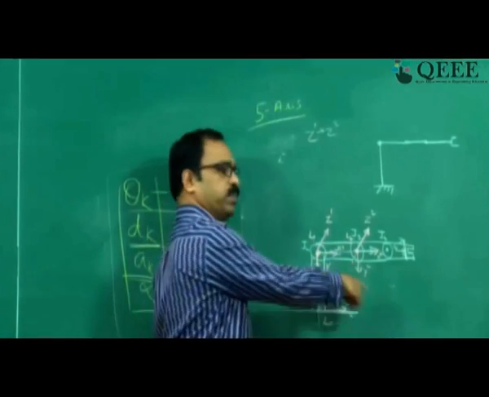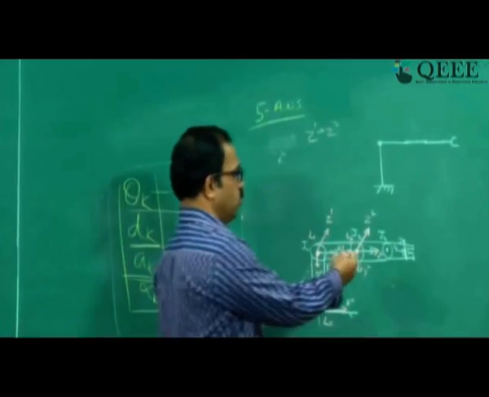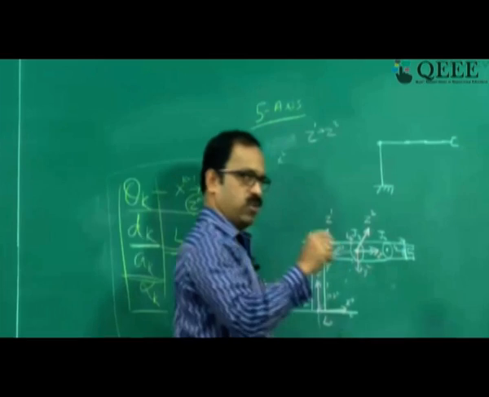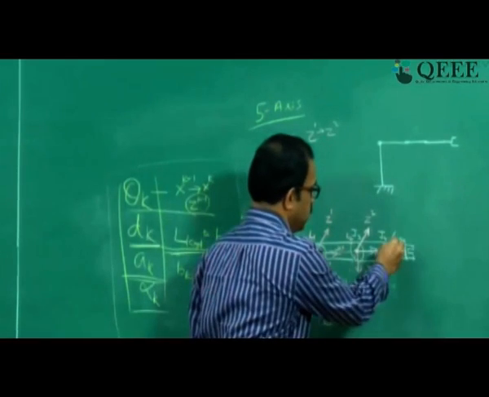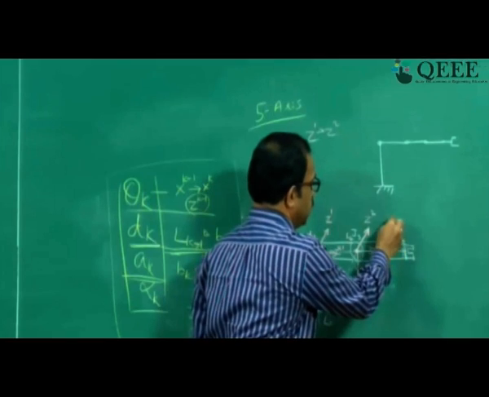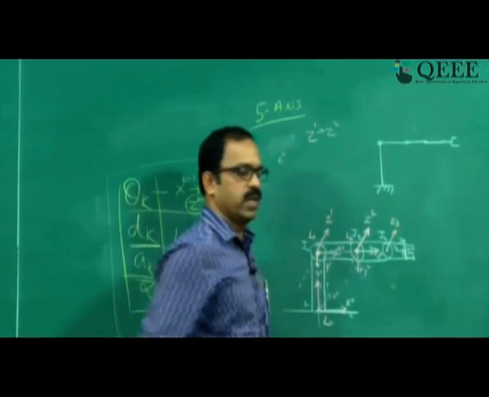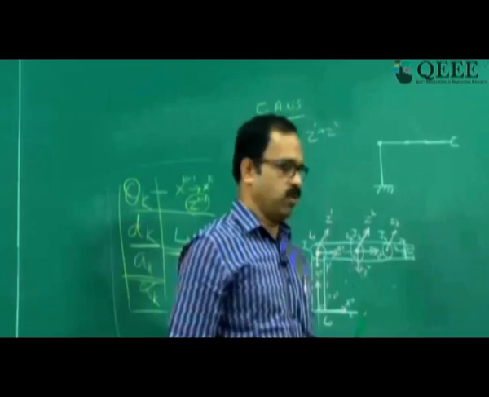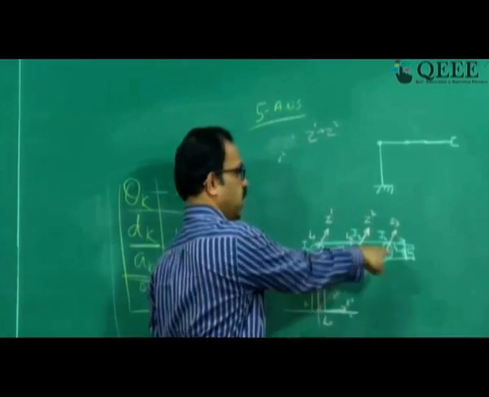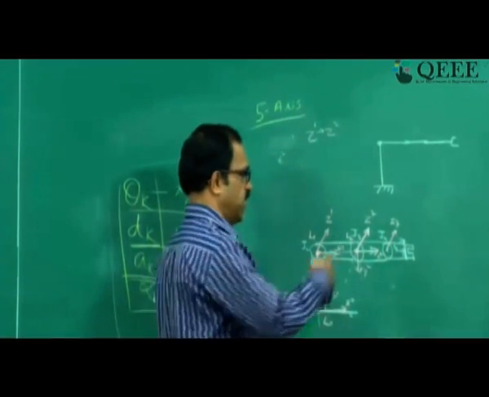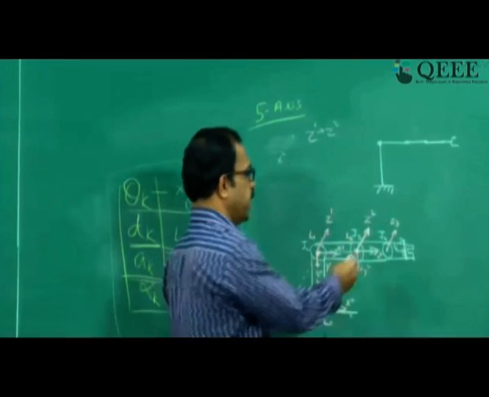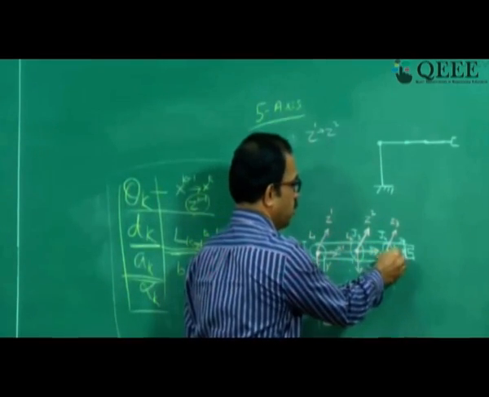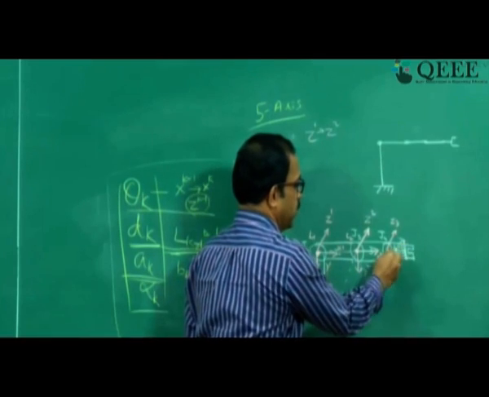This is L2. So again we go to the next one. J4 is also on the same rotational axis, and therefore we put it as Z3. You can see that these 3 joints have parallel rotational axes. This will be Z3, and again it follows the same rule, so you have X3 and Y3.